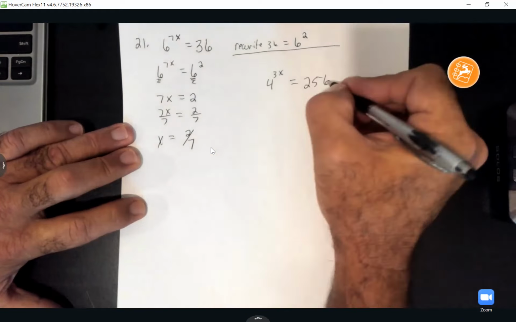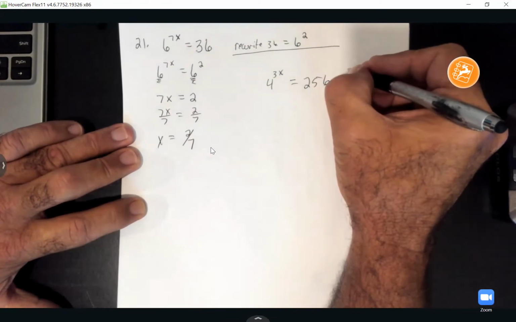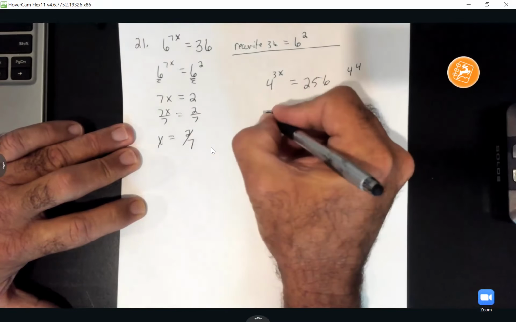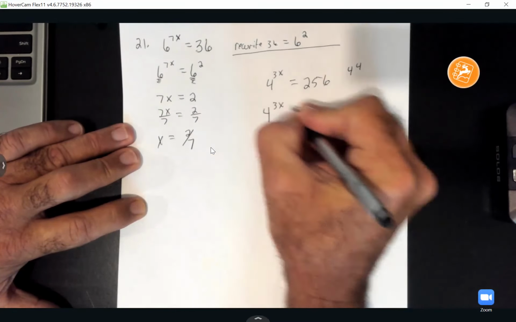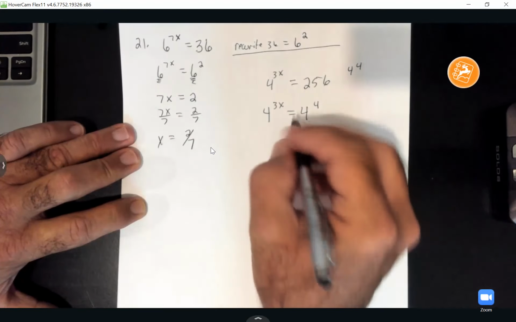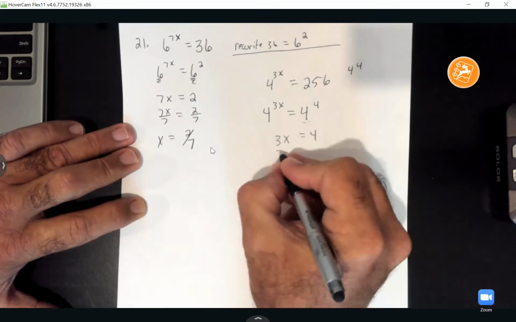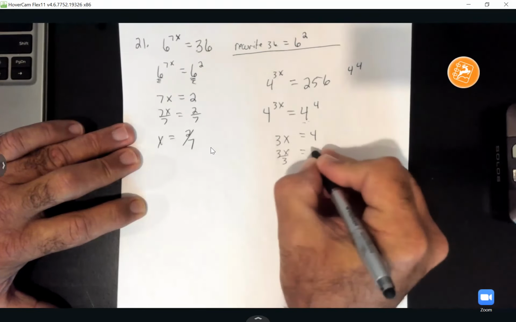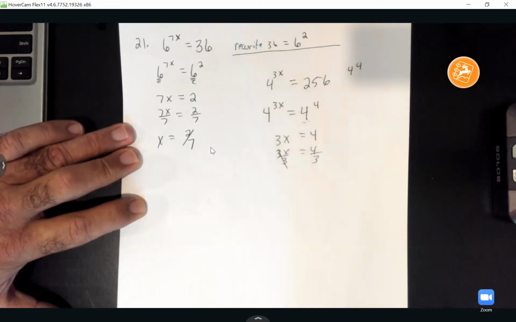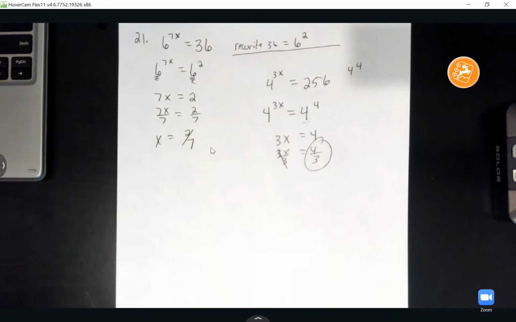Okay, so 256, I would have rewritten as 4 to the 4th power. So you would have had 4 to the 3x equals 4 to the 4th. Your bases match, so 3x equals 4. Divide by 3, and you should have got 4/3. All right, so mine was 2/7. Let me go put that in.